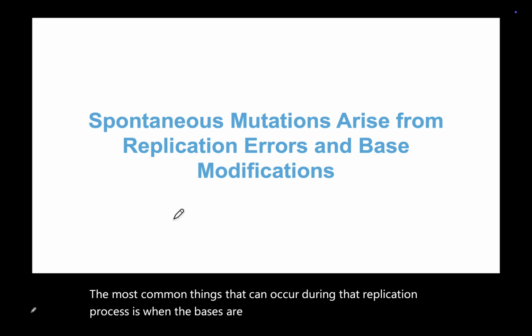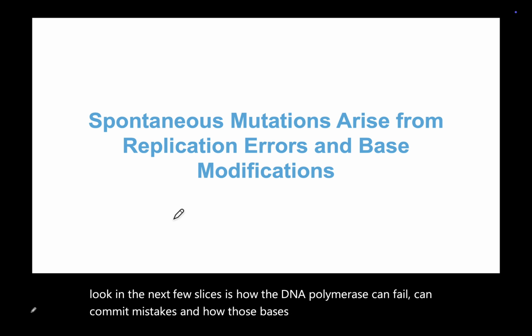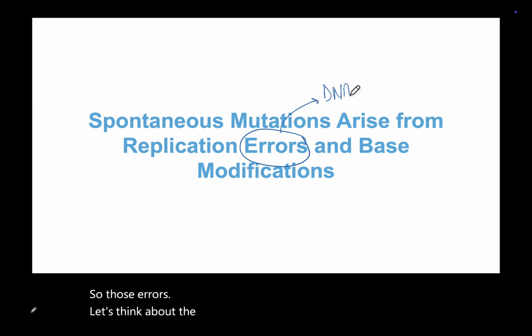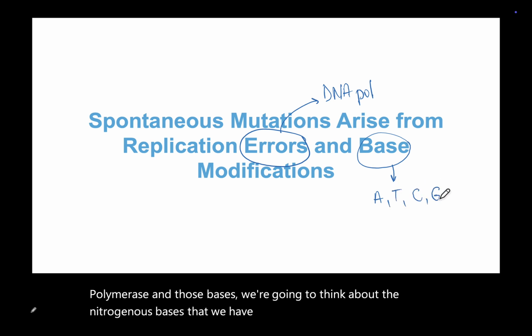So what we are going to look at in the next few slides is how the DNA polymerase can fail, can commit mistakes, and how those bases can be modified. So those errors, let's think about the DNA polymerase, and those bases, we're going to think about the nitrogenous bases that we have been discussing.